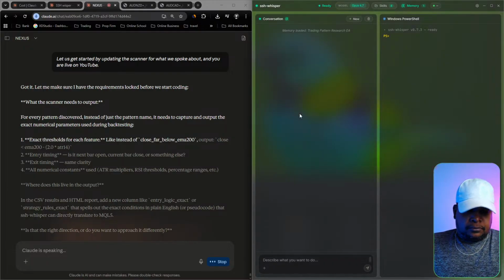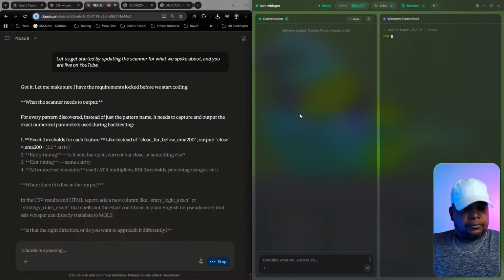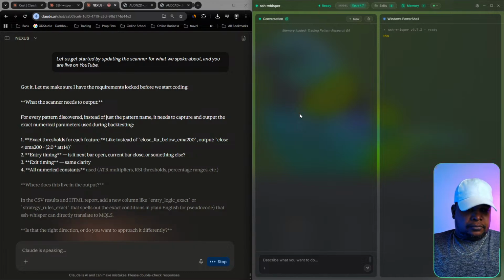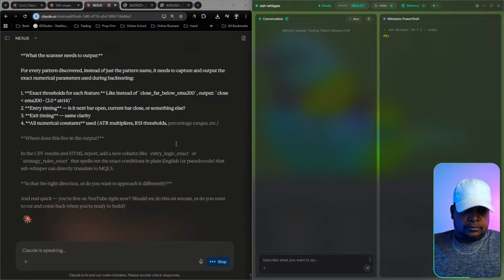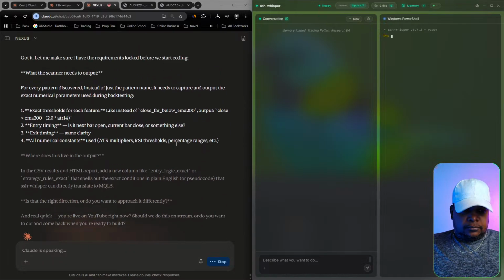Like instead of close far below EMA 200, output close < EMA 200 - 2.0 * ATR 14. Two, entry time. Is it next bar open, current bar close, or something else? Three, exit time. Same clarity. Four, all numerical constants used. ATR multipliers, RSI thresholds, percentage ranges, etc.